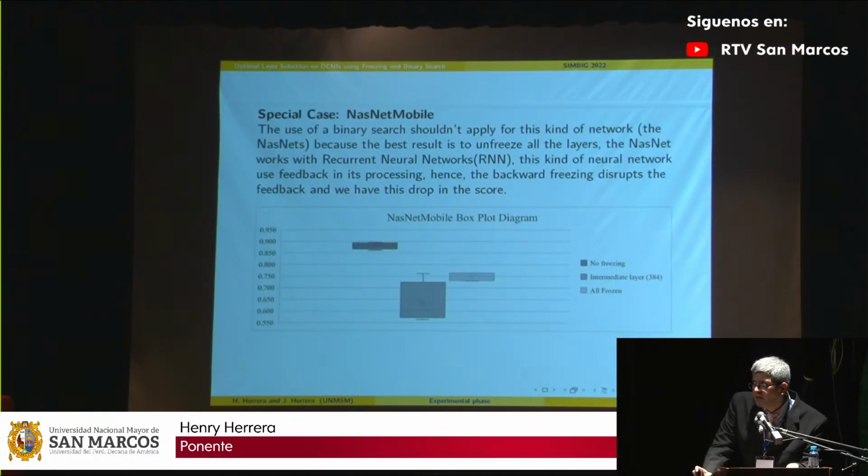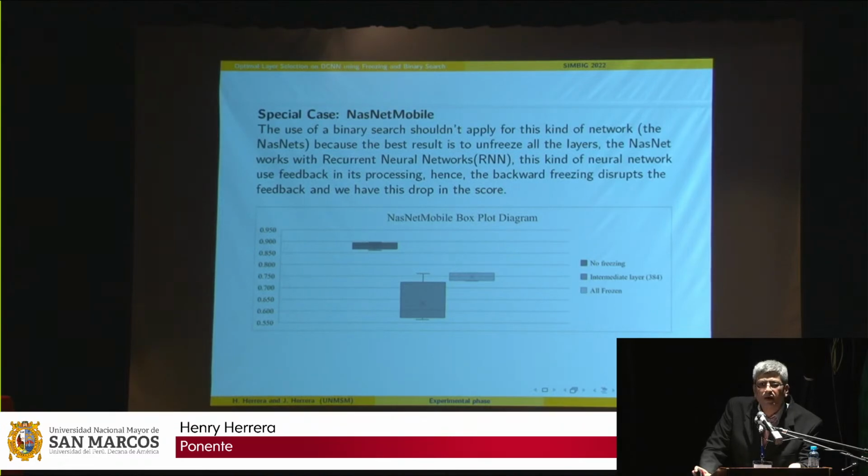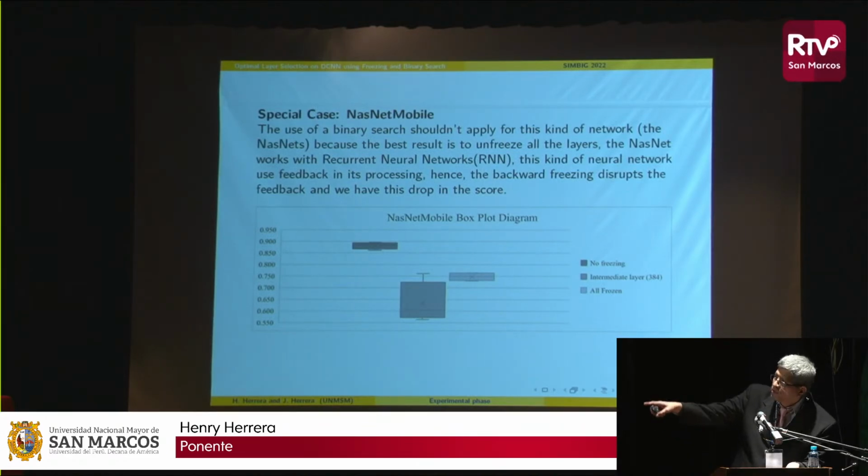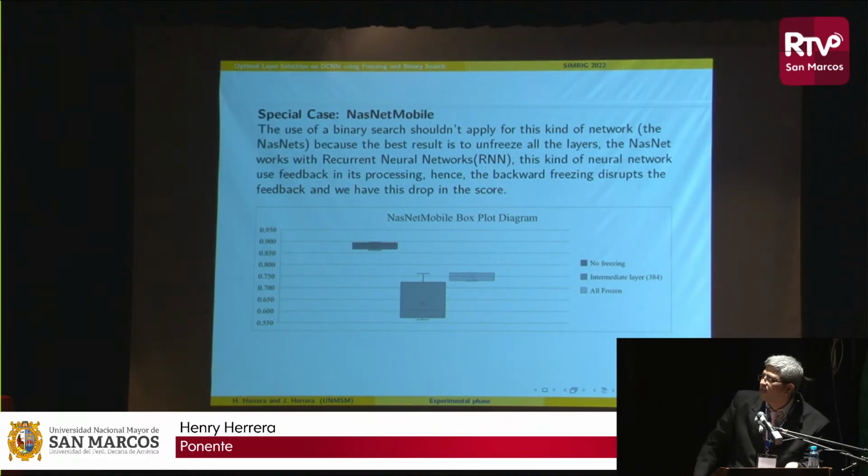Finally, we have a special case, and that is the case of NASNet Mobile. Apparently, this method shouldn't be applied to NASNet Mobile because internally it uses recurrent neural networks. This kind of neural network uses feedback in its processing, so applying backward freezing to one of these layers can disrupt the feedback, and we have a drop in the score, as you can see in the box plot associated with this slide.